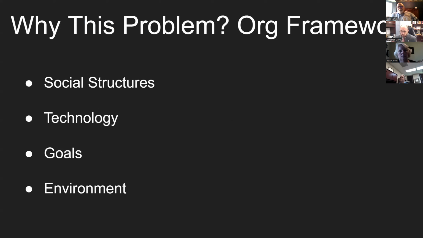And so why did I pick this problem? We're supposed to tie this back to the organizational framework. When we look at social structures, technology, goals, and environment, online courses fit very much within what the institution is focused on.